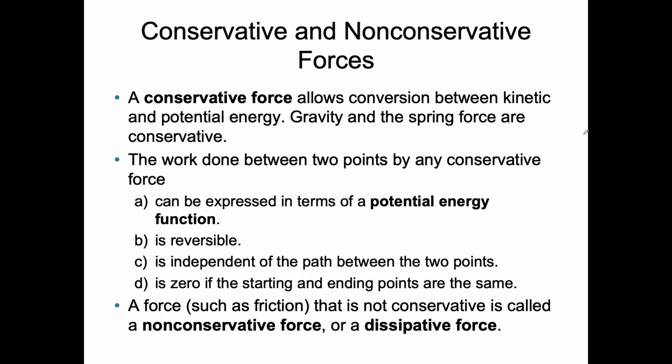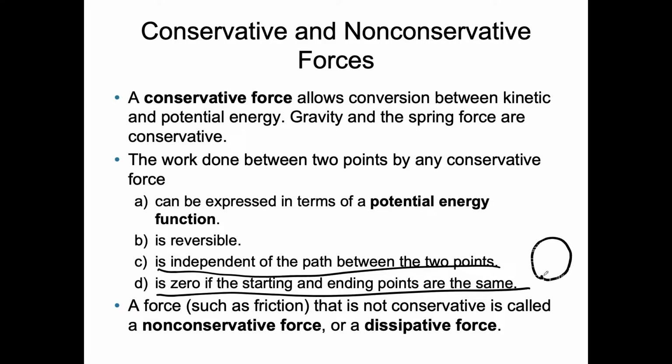Now there are two equivalent ways of making a statement of what is a conservative force. Either the work is independent of the path between two points, or the work done is 0 if it starts from this point and goes back to this point.